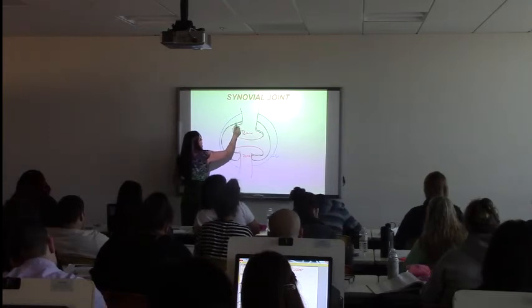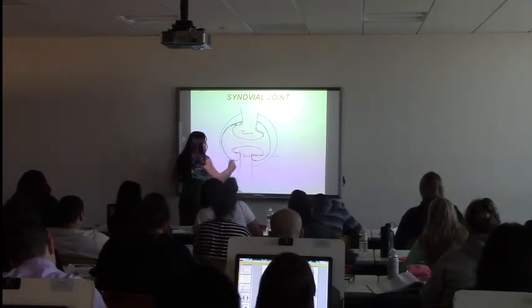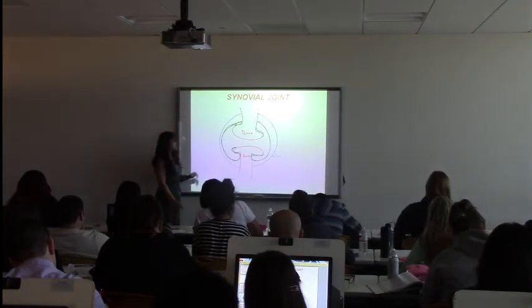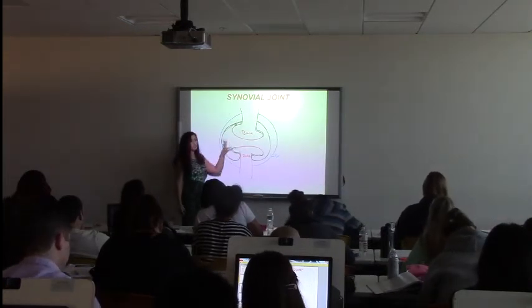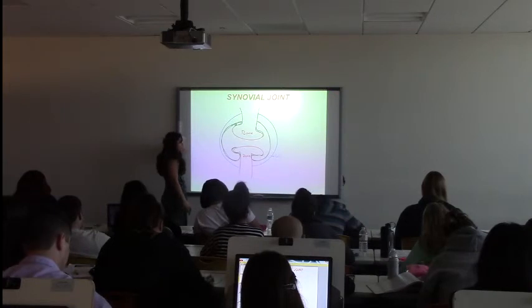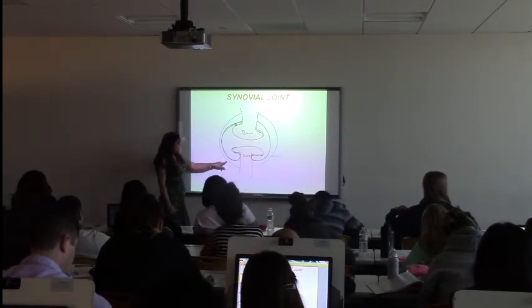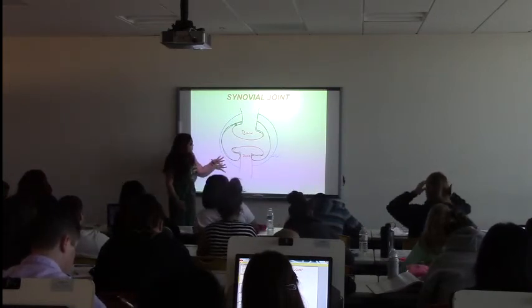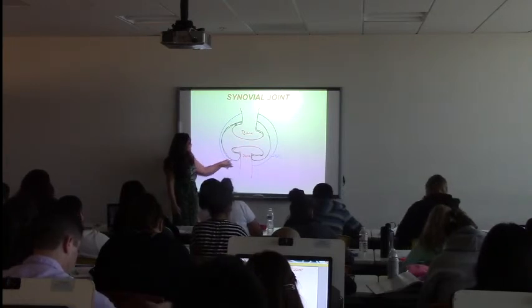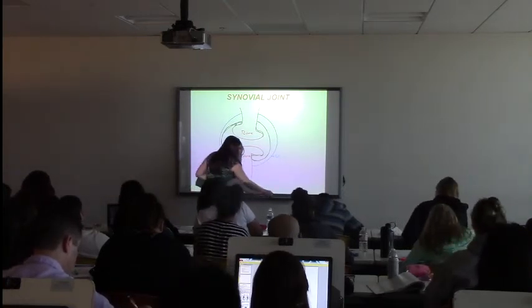This one. Now, this is collectively called the joint capsule. Okay? So the blue are the ligaments that connect the two bones and hold them in place. Red is the bone, green is the synovial membrane.